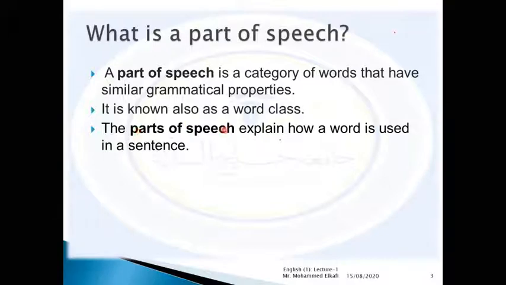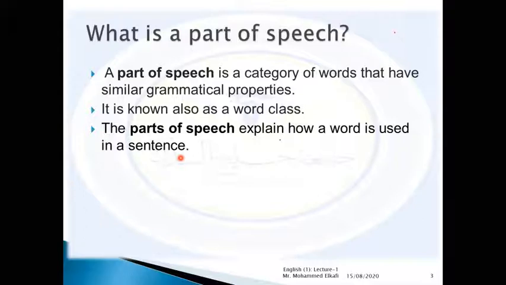And the parts of speech explain how words are used in a sentence. So here we think of how a word is used in a sentence. So the usage of word in a sentence is very important. You know, we are studying grammar, okay? When we say grammar, here we think of sentence.